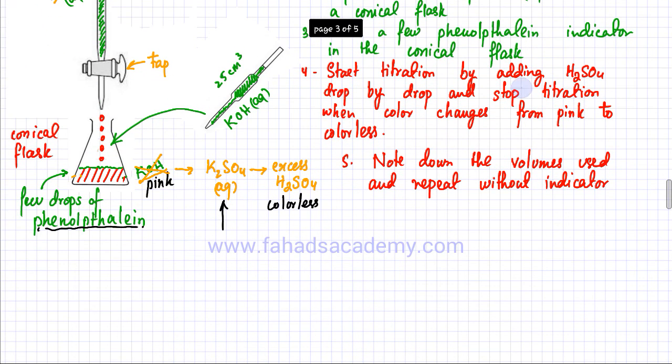And the last step would be that your solution is K2SO4 aqueous, so you have to produce crystals of K2SO4. The last step is crystallization, which has to be described in detail.